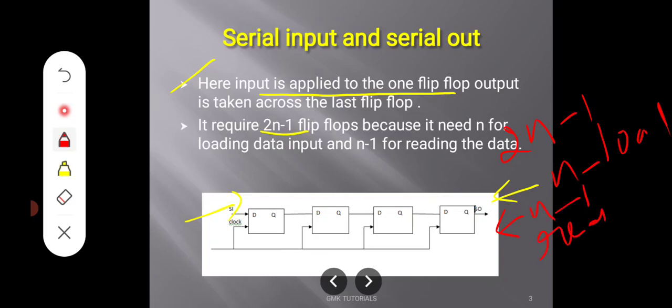So 2n-1 clock cycles are required for serial input and serial output registers.